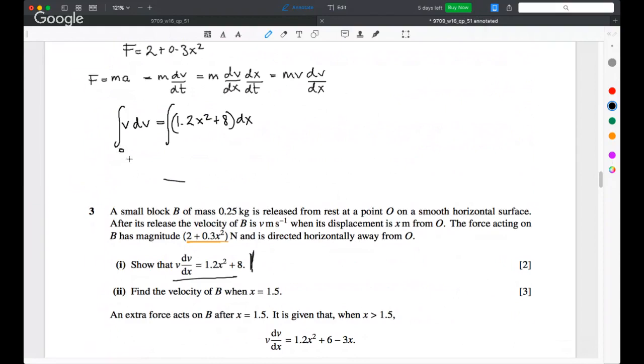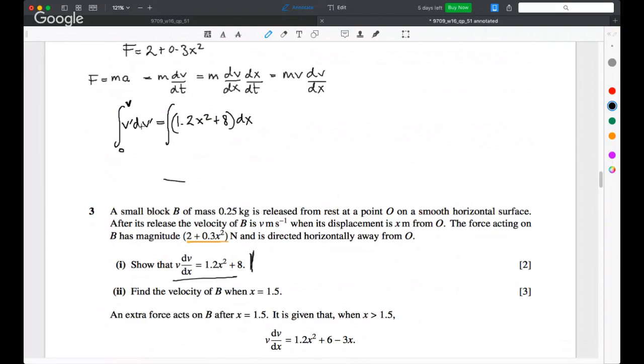Its velocity is 0. And at the point that we're interested in, its velocity is v, which we were trying to find. This is just a subtlety, but this v now symbolizes the actual velocity at some later point, whereas this one is just our dummy v variable within the integral.